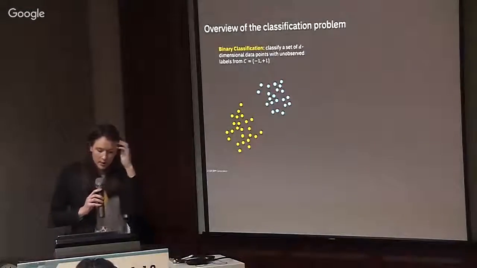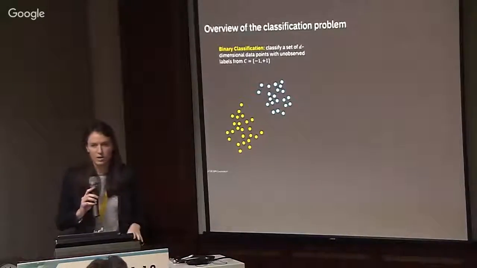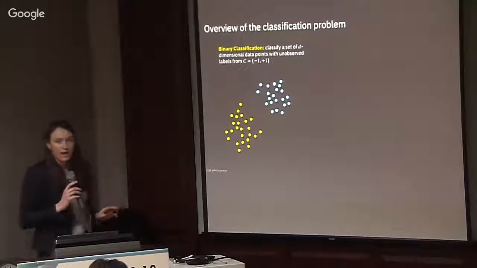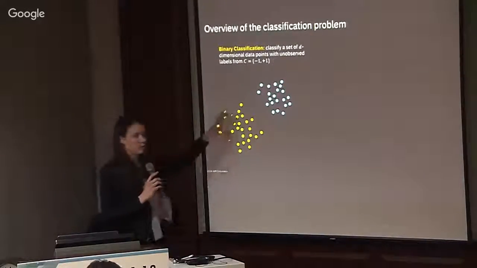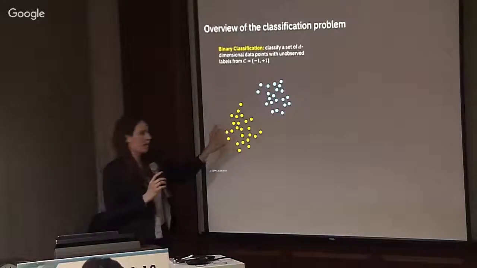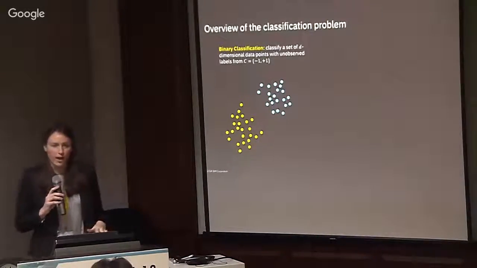So the problem that we're trying to solve here is we have some data points that have some labels associated with them. So here there's two different labels and they're just colored differently. And they are distributed in some way.